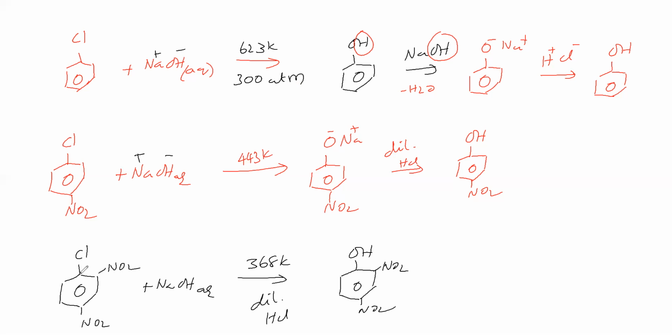This electron withdrawing group creates positive charge at this carbon. So both electron withdrawing groups create positive charge at this carbon. Therefore, this carbon has a higher positive charge when compared to the earlier carbon. Therefore, this reaction requires less temperature in order to take place.